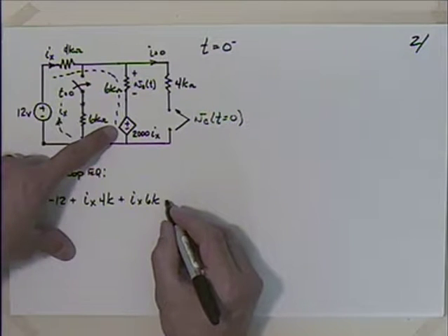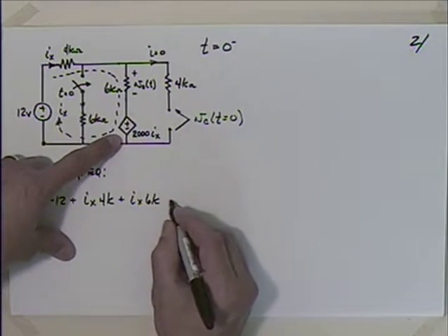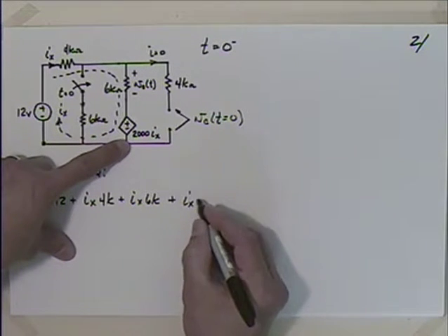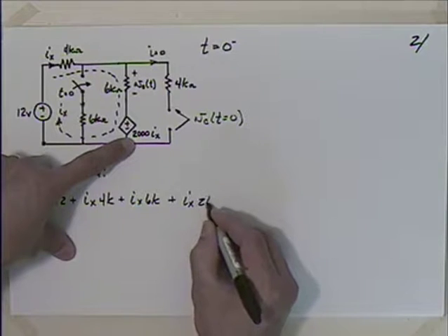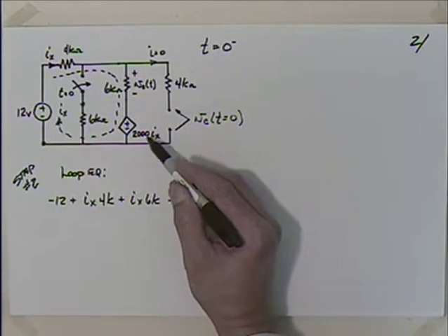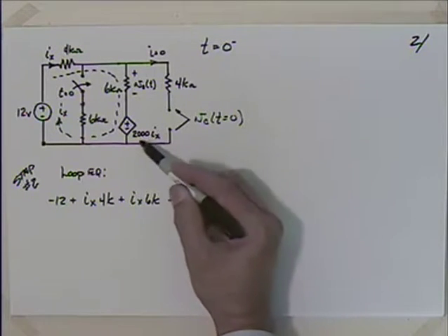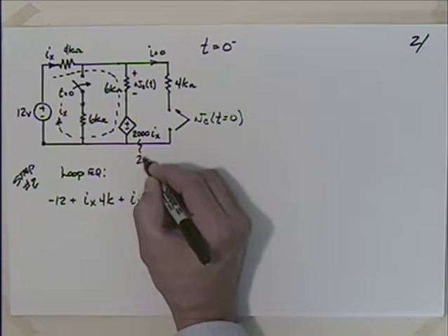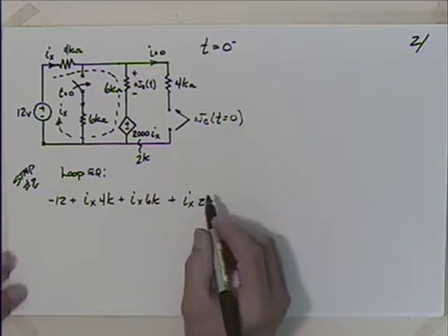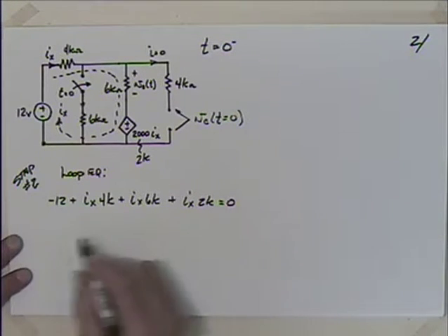Then I get down here and I'm going from positive to negative, so that's a drop, so that'll be positive Ix times 2000, which I'll just say is 2k. That's not k ohms, but it would have some units to convert current to voltage because it's a current controlled voltage source. So I'll just take that as 2000, 2k, to keep the math easy. That gets me back to my starting point, so I can say that's equal to 0 by Kirchhoff's voltage law.